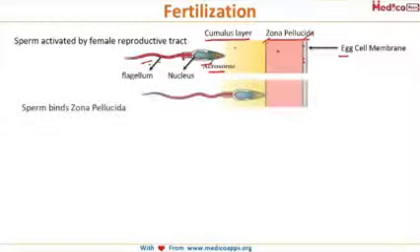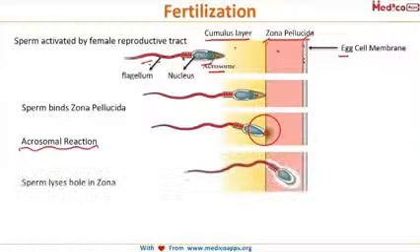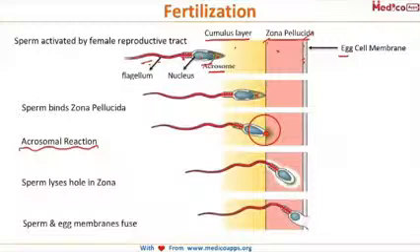Now this sperm crosses the corona radiata and attaches itself to the zona pellucida. It causes the release of enzymes from the acrosome of the sperm and this is acrosomal reaction. This causes lysis of the zona pellucida and thus allows the entry of sperm into the secondary oocyte, and then occurs the fusion of the sperm and the egg.